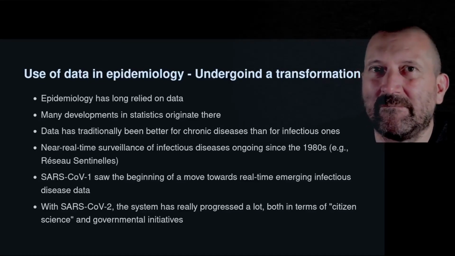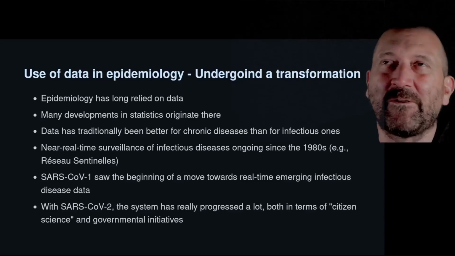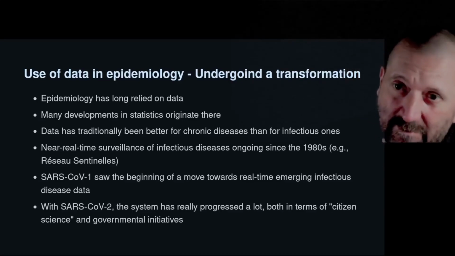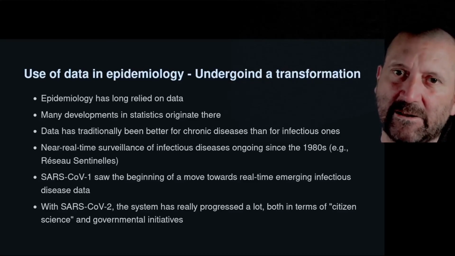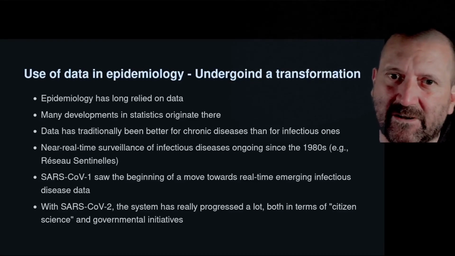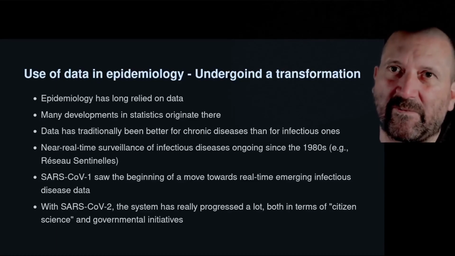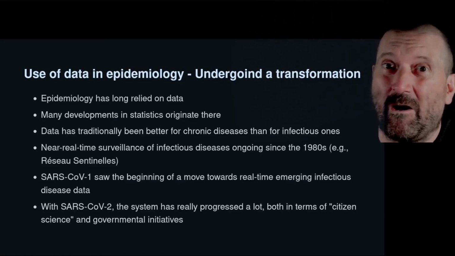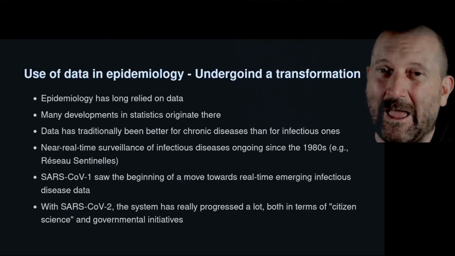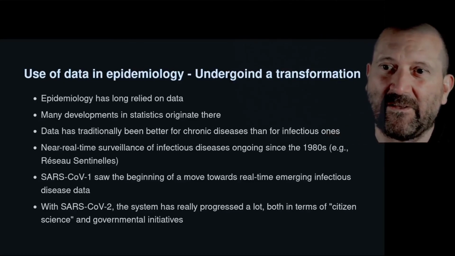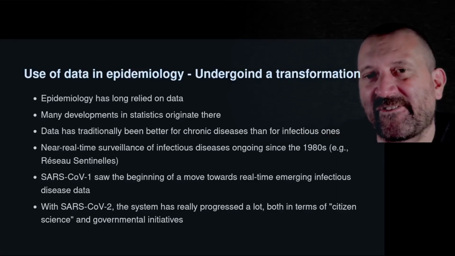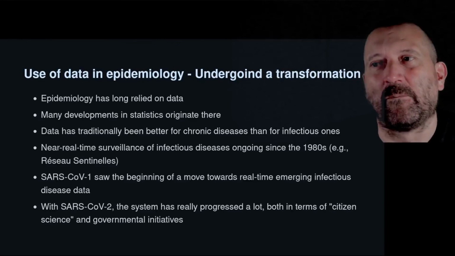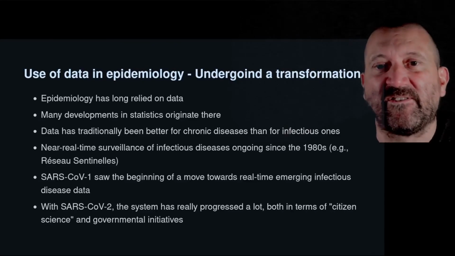There's been a recent trend, in particular during COVID, of using more and more data in mathematical epidemiology. I'll point out that the use of data in epidemiology altogether is ancient. Actually, if you look at the field of statistics, a lot of statistics has come from considering diseases.